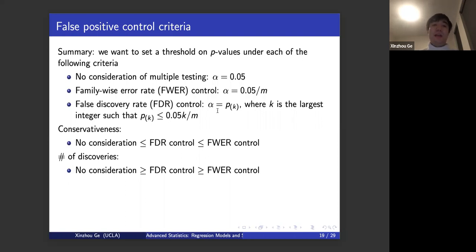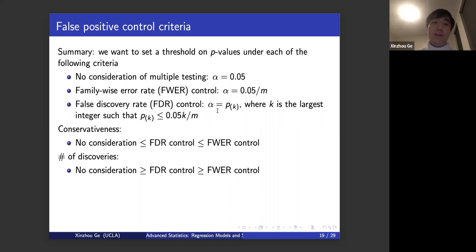And in terms of the conservativeness, family-wise error rate control, or the Bonferroni procedure, is the most conservative one, FDR control is in the middle, and no consideration is the least conservative one. In terms of the number of discoveries, it's just the reverse.